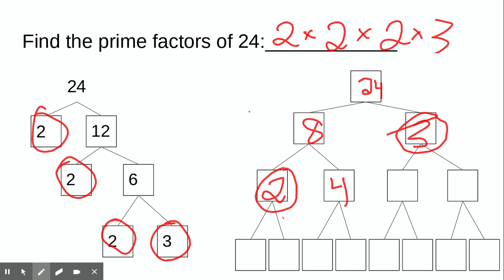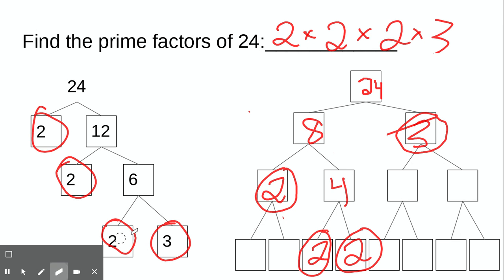Is 4 a prime number? No, 4 is not a prime number, so we can still factor 4 out. What are two numbers we can multiply together to get 4? 2 times 2 is equal to 4. We already know 2 is a prime number because we have one circled up there. So we can circle that one too.